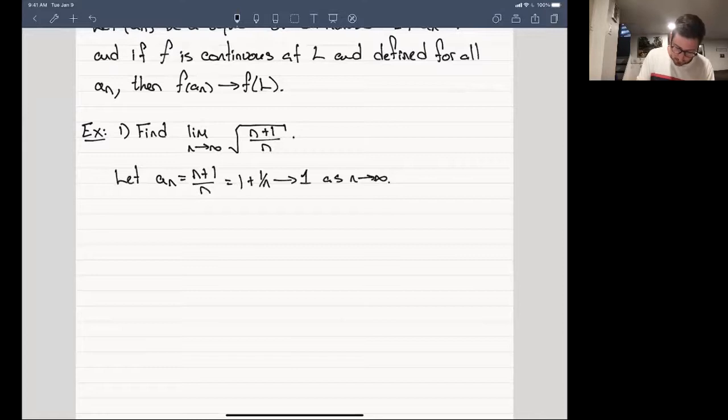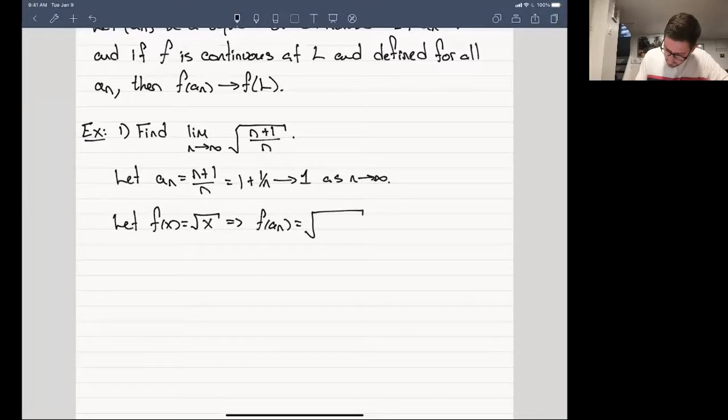And so then let's take f of x equal to the square root of x. This thing is continuous, and it's defined as long as an is positive. So this tells me that f of an, which is equal to the sequence that I actually care about, converges to f of 1, which in our case is the square root of 1, which is just equal to 1.